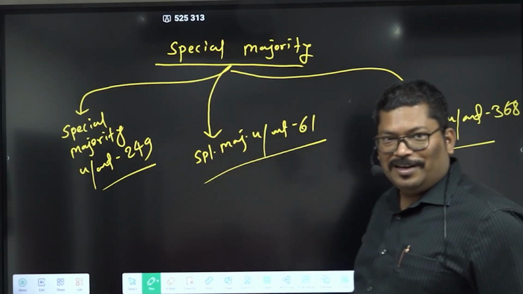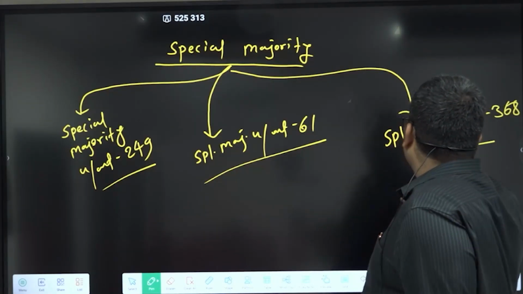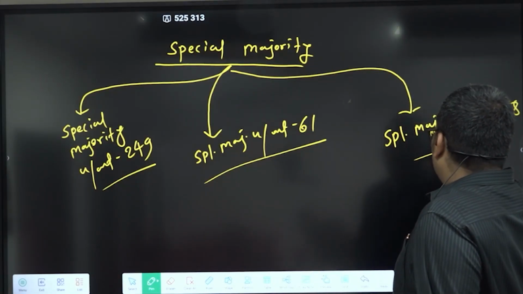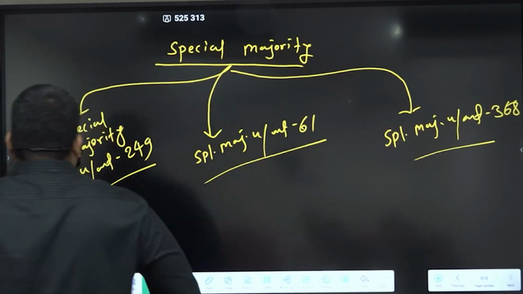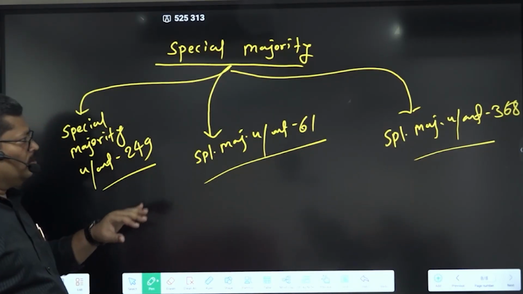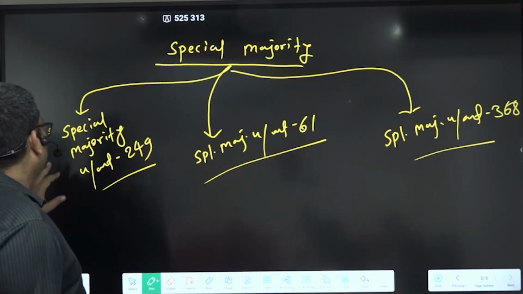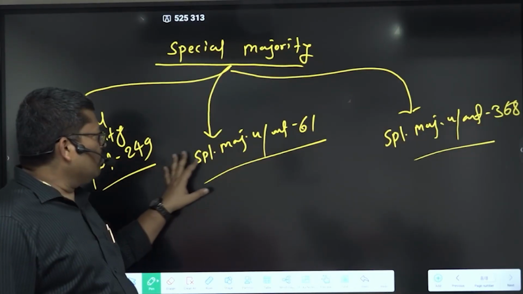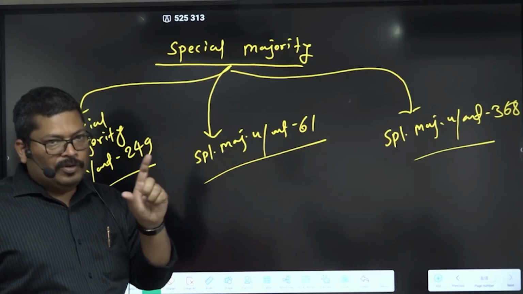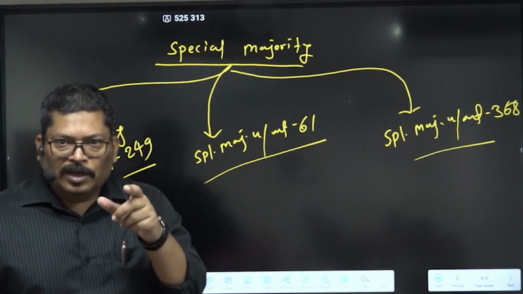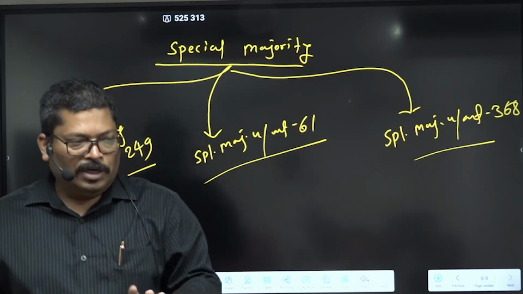Basically, our concern is 368, but in order to develop a clear-cut understanding, we have decided to go through all the different kinds of majority. See, special majority under Article 249, 61, 368. In case of all the three, we follow a common pattern. What is the name of that pattern? Not less than two-third kind of majority.